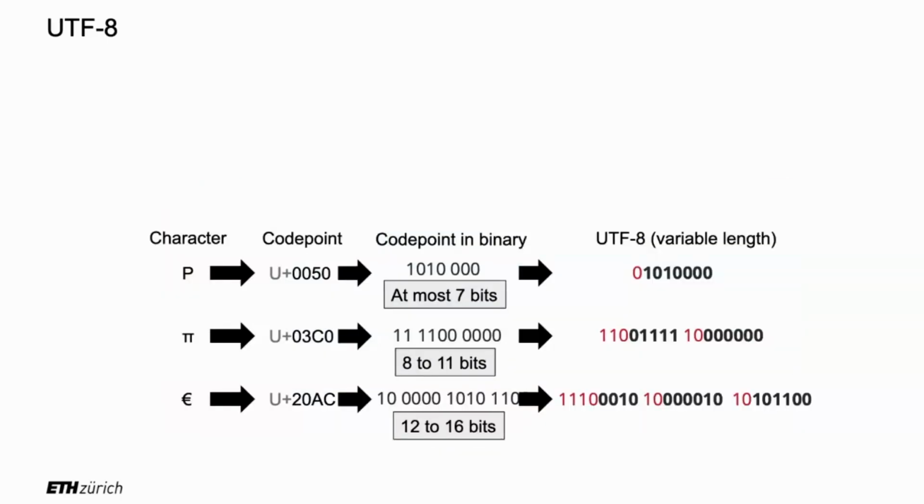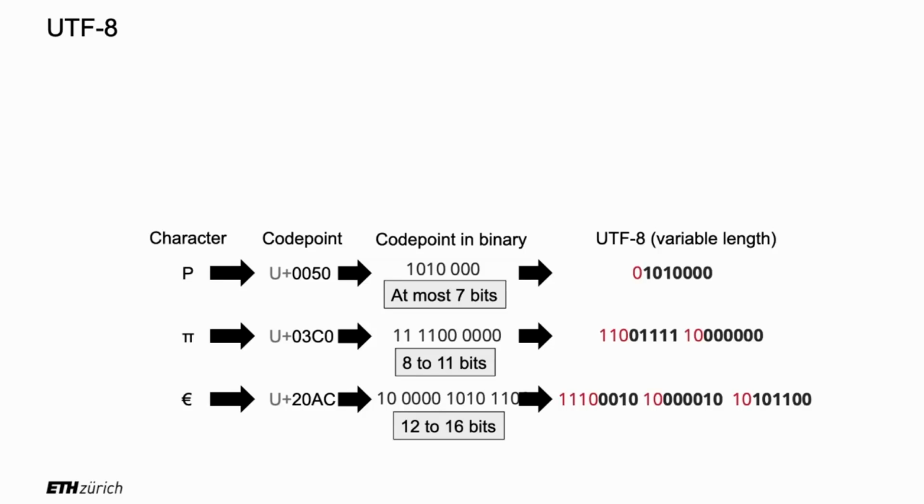So UTF-8, who is already familiar with UTF-8? Some of you. The idea is that it's elastic. The size of the bit sequence that you get for a character depends on how complex it is. If it's one of the very early characters, especially English, in fact the first half of ASCII, at most 7 bits, then you just encode it with a 0 and then the 7 bits.